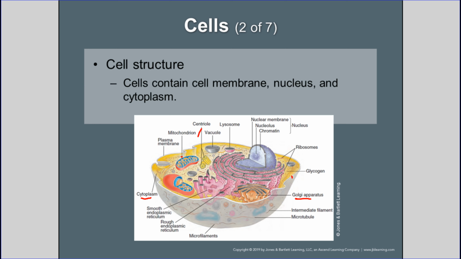We talked about the mitochondria. The peroxisomes contain enzymes that speed up biochemical reactions. So I think that's pretty good for now. We'll come back to it if we need to, but that's your cell.